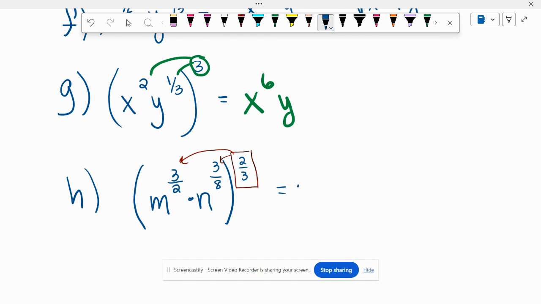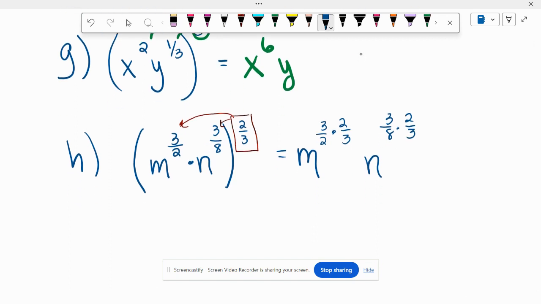So I'm going to write this out so you guys can really see what's happening. So I have 3/2 times 2 over 3. That's the m power when I distribute that. N is 3 over 8 times 2 over 3. Well, 3 times 2 and 2 times 3, that gives me 6. So this is just m to the 6 over 6, which is m.